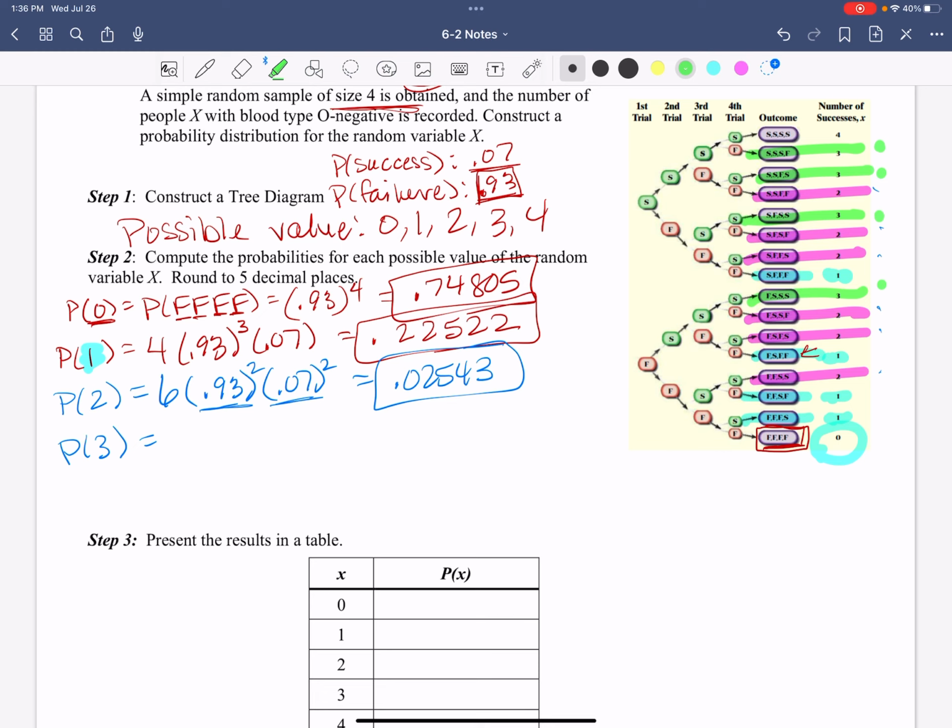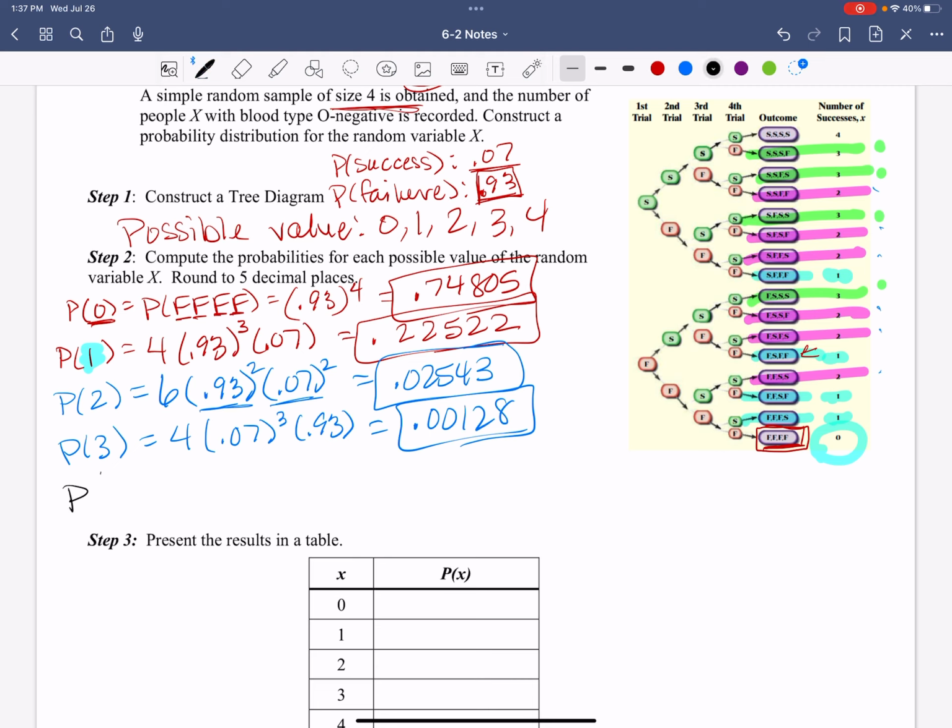Okay, so I have 4 where I have 3 successes and I have 1, that should be a 0.93, failure of my 4 people. Do you see how this is playing out? Okay, so then plug that into your handy dandy calculator and what do you get? 0.00128. Nice, me too. Check it and let's make sure we're on the same page here.